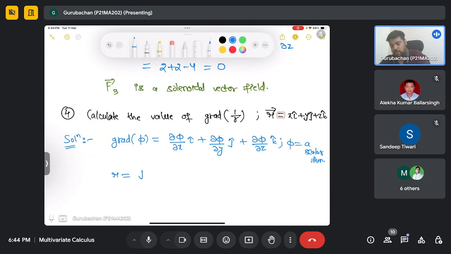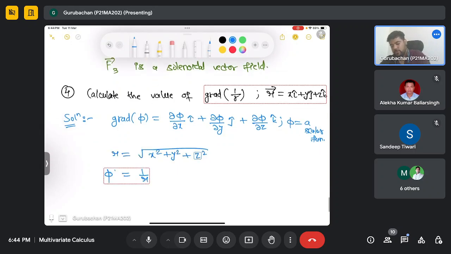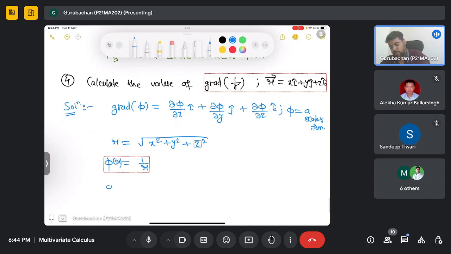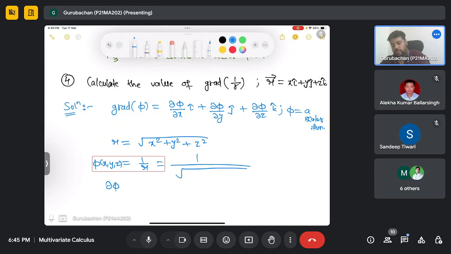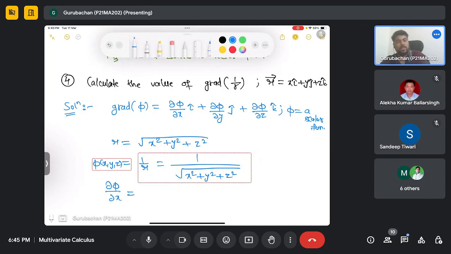Okay. So from here, r means square root of x square plus y square plus z square, and our given phi is 1 by r. So we need to calculate first of all del phi. Phi of x, y, z is 1 by r, which is again 1 by the square root of x square plus y square plus z square. So del phi by del x will be equal to, we have to partially differentiate this. So this is minus half.